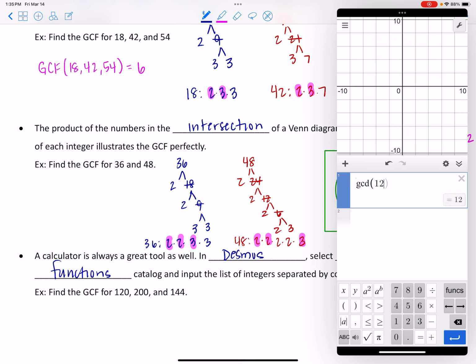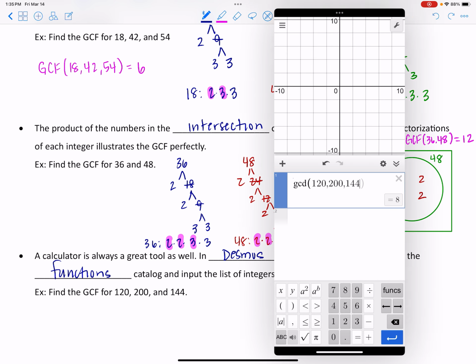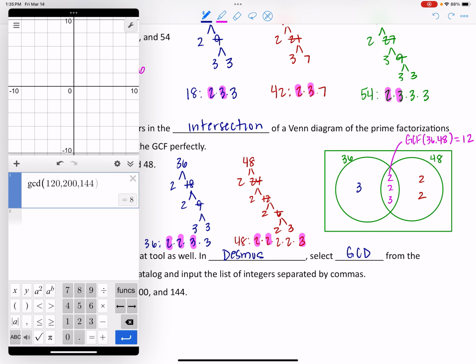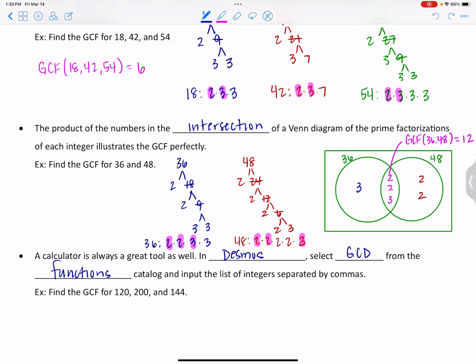And then I'm going to put in my numbers separated by commas, so 120, comma, 200, comma, and then 144, and it calculates my greatest common factor. Greatest common divisor is 8. So super nice to be able to use that technology to get that answer. So we have the greatest common factor, again, for 120, 200, and 144 in this case equal to 8. 8 would be the biggest number that divides evenly into those three numbers.